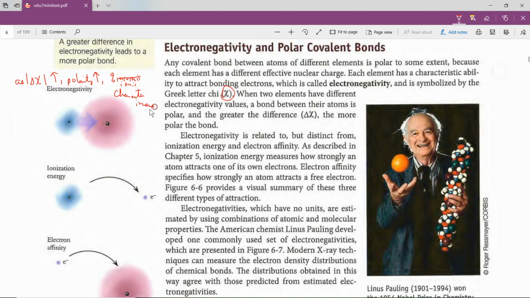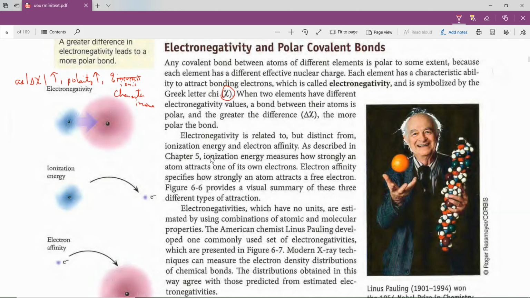So you have these electronegativity values, you take the differences in them, and the greater the difference, the more polar the bond is, the more unequal the sharing is, the more it's becoming like an ionic bond, till eventually you just grab the whole Kit Kat from me and then it becomes an ionic bond. Okay?